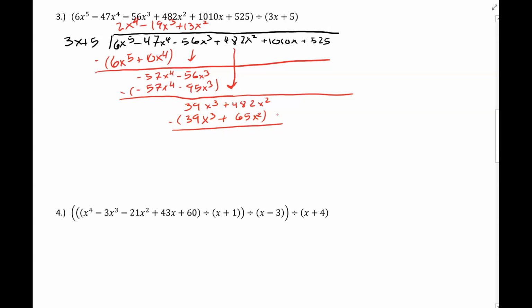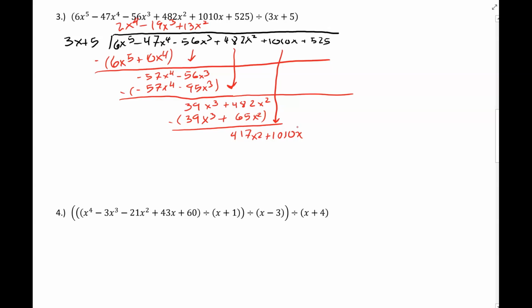And I subtract down. So 39x cubed minus 39x cubed is 0. 482x squared minus 65x squared is 417x squared. And then I'll bring down the next piece.